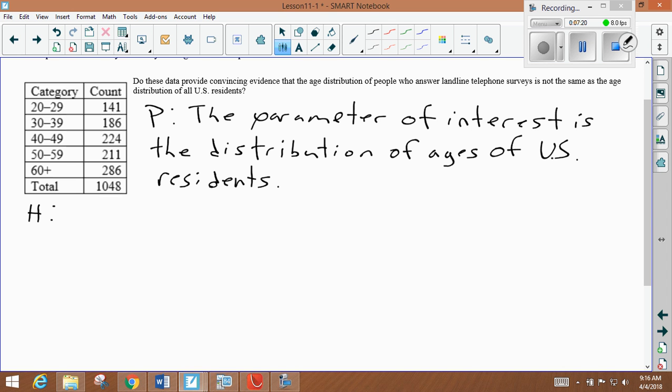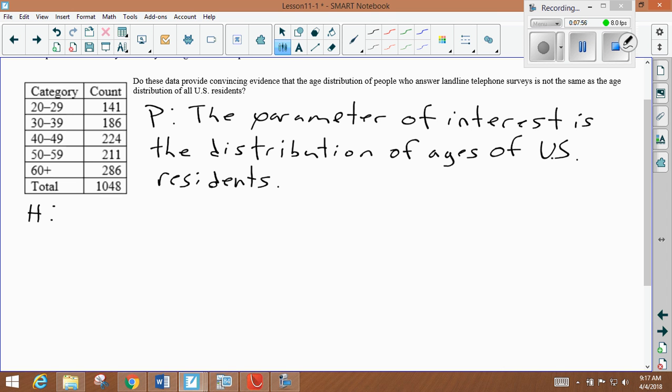Now we haven't done this yet. So I said it yesterday, but I'll say it again: when we're doing our null and alternative hypotheses for our chi-square test for goodness of fit, for your null hypothesis it's going to be the distributions are the same, and for your alternative, that they aren't.